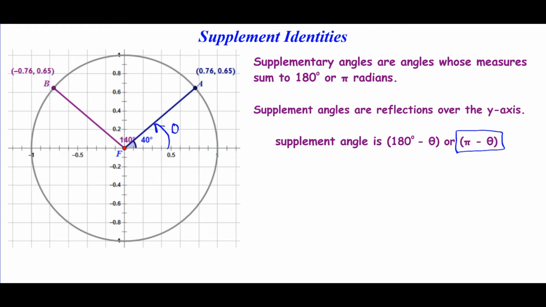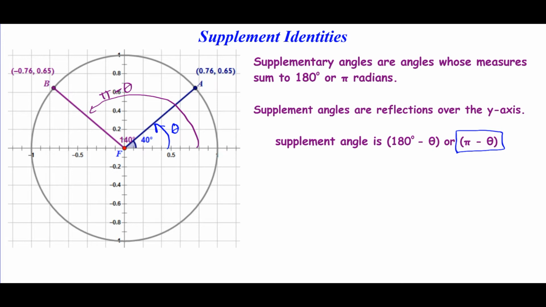The angle theta in this specific case is 40 degrees, and then the supplementary angle is going to be pi minus theta. Here we'll notice that the x-coordinates are opposite values, while the y-coordinates are the same. Remember, the x-coordinates correspond to the cosine value of the angles, and the y-coordinates correspond to the sine value of the angles.